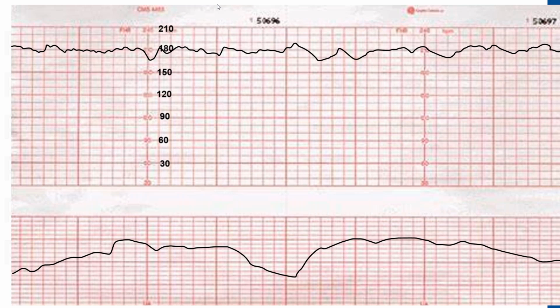Okay, continue. We'll do the pharmacological measures, including oxytocin, methergin, after ruling out contraindications, and after that Cytotec and tranexamic acid. If bleeding is still not controlled, then the first line of surgical management would be balloon tamponade, either in the labor room or in the theater.